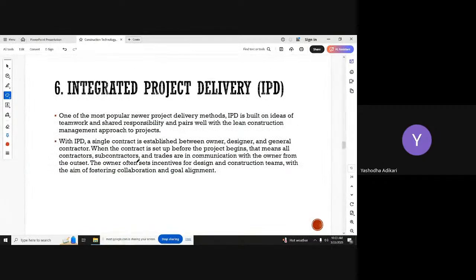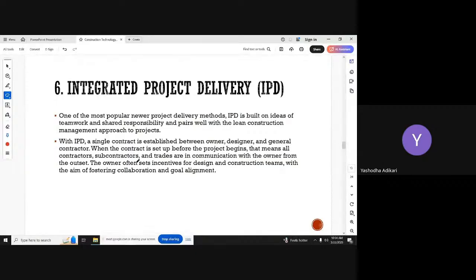This is the next procurement method, project delivery method. It is integrated project delivery, IPD. One of the most popular new project delivery methods. IPD is built on ideas of teamwork and shared responsibilities and pairs well with the lean construction management approach to the project. With IPD, a single contract is established between owner, designer, and general contractor.